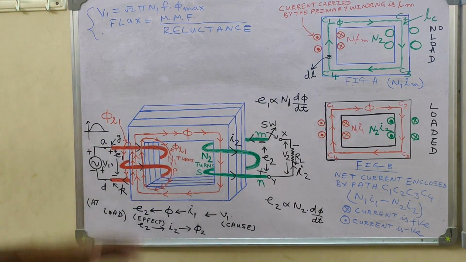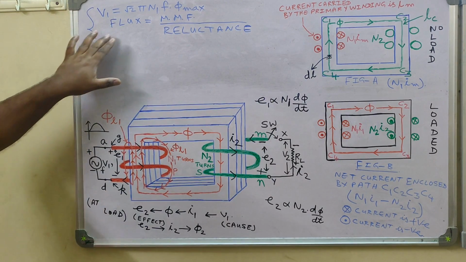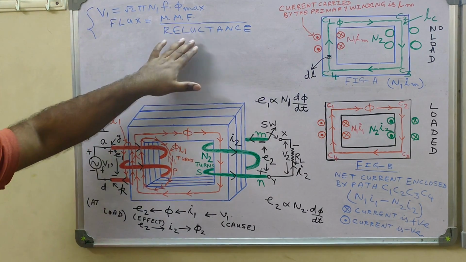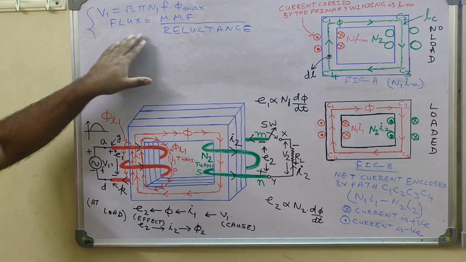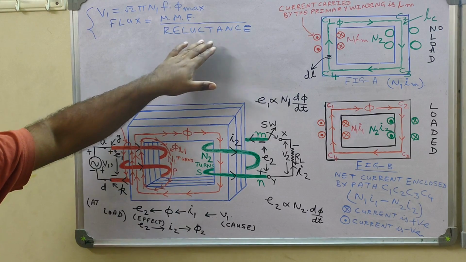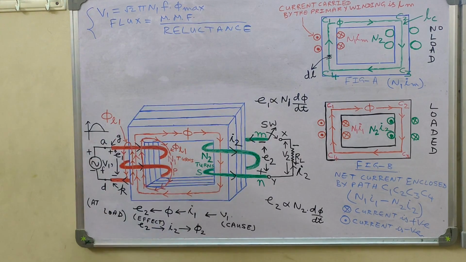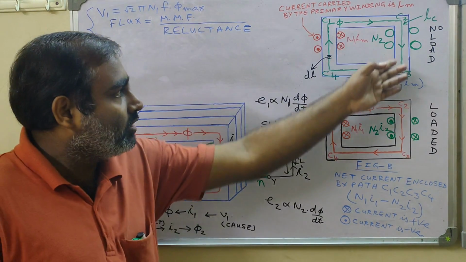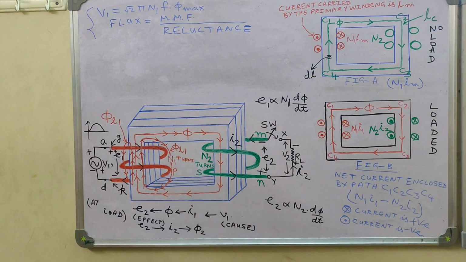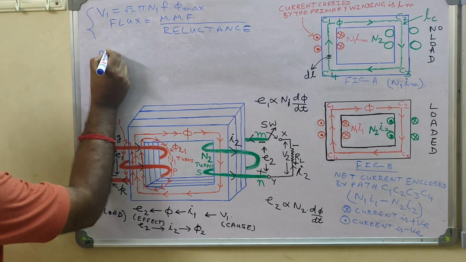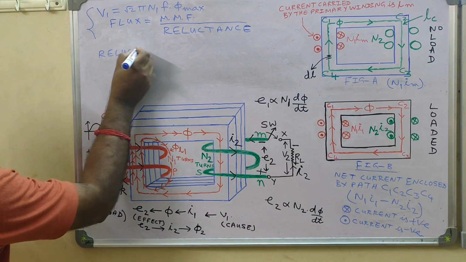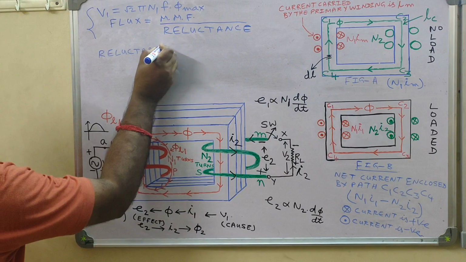Again, flux is given by MMF by reluctance. So if flux is constant, then obviously the ratio of MMF and reluctance will also be constant. Now, the reluctance of this transformer magnetic core depends on two factors. What are the two factors? Let me write it.